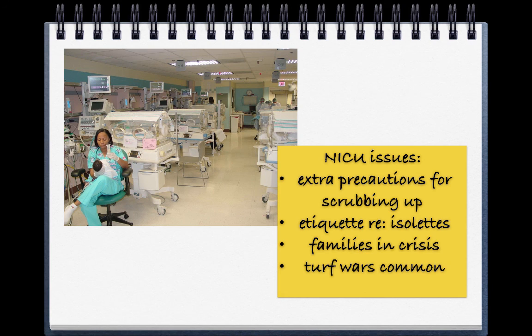Although the nurse in the foreground does not have a face mask and isn't gowned, you can see that the professionals towards the rear of the NICU are, and they're probably working with an infant where special precautions must be taken in order to keep the environment germ-free for those infants who are medically fragile.